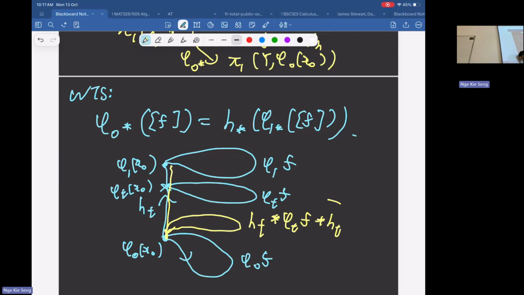Stay here, do the loop, stay here, and do a bit, do a bit, do a bit. Then you fill out this space already. So homotopy, it's continuous, right? Because everything you do is continuous. Okay, question? Any question?